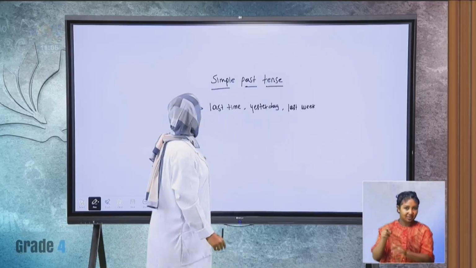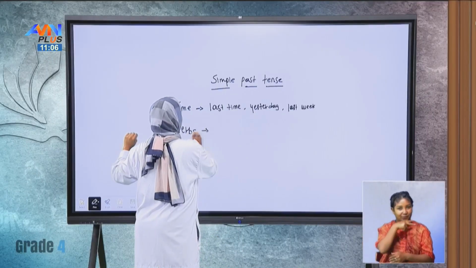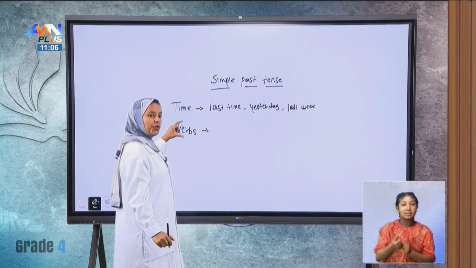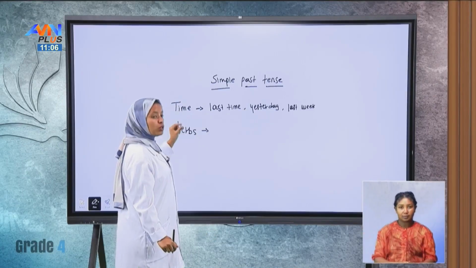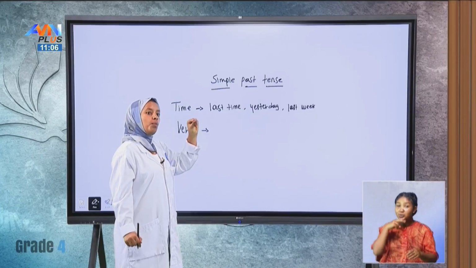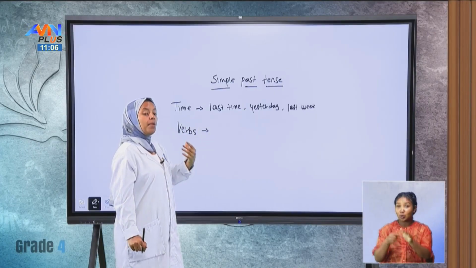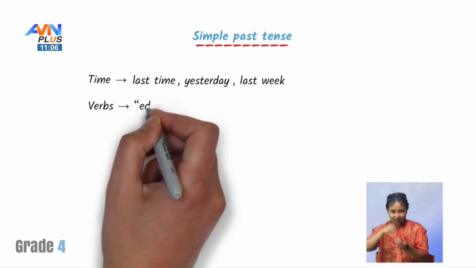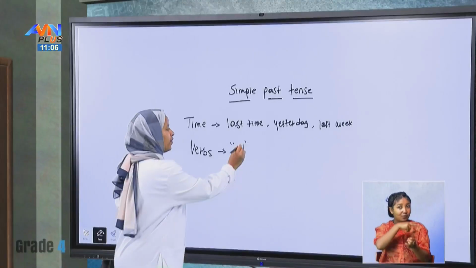And the next is verbs. Here is the main and important point. In the English language, verbs show time by adding ed at the end of the main verbs.